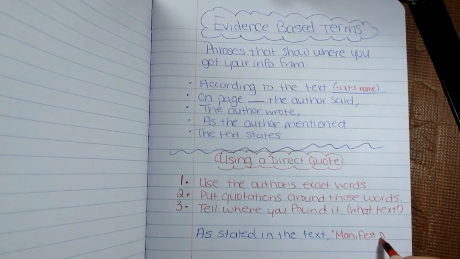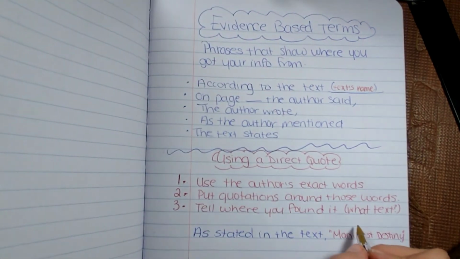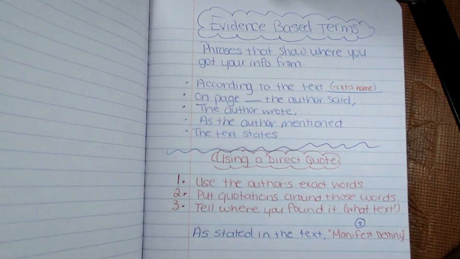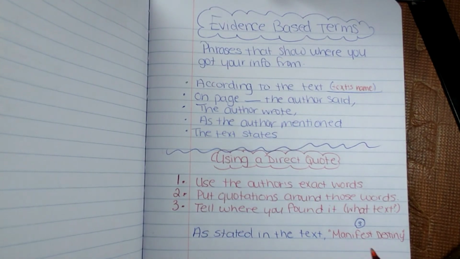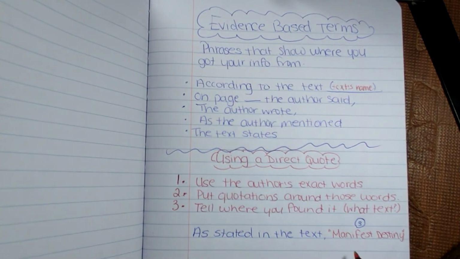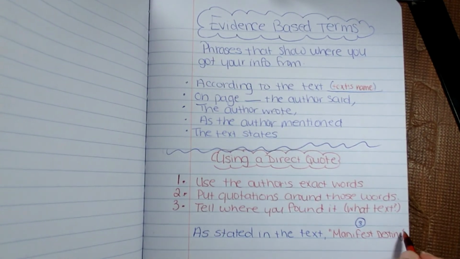Manifest destiny. So right here is number 3. Where did I find it from? Always, see here, manifest destiny, comma.